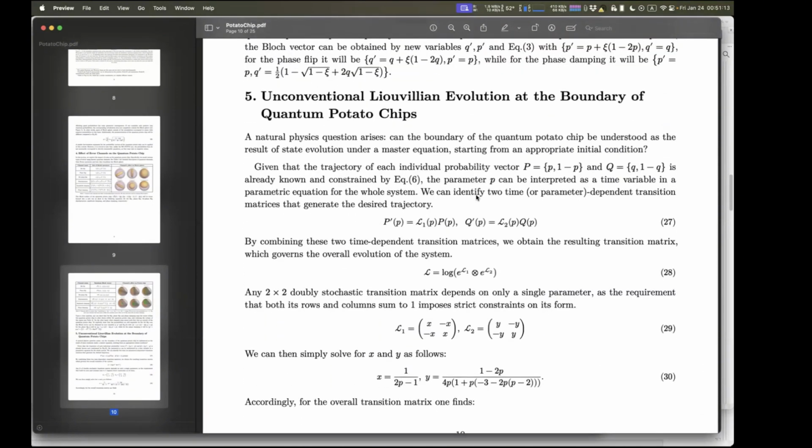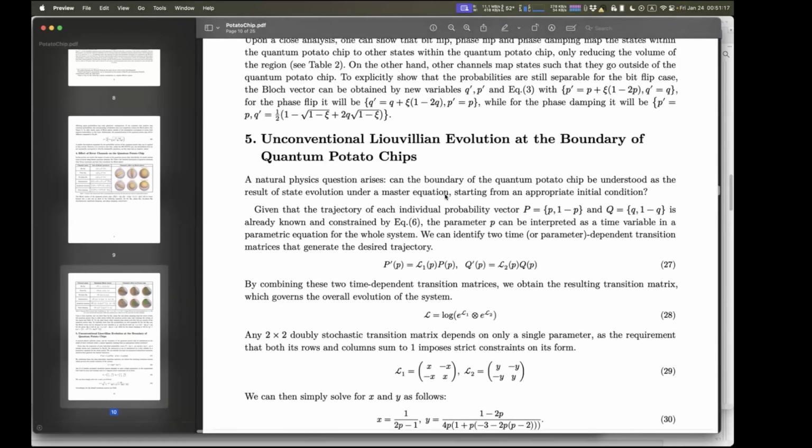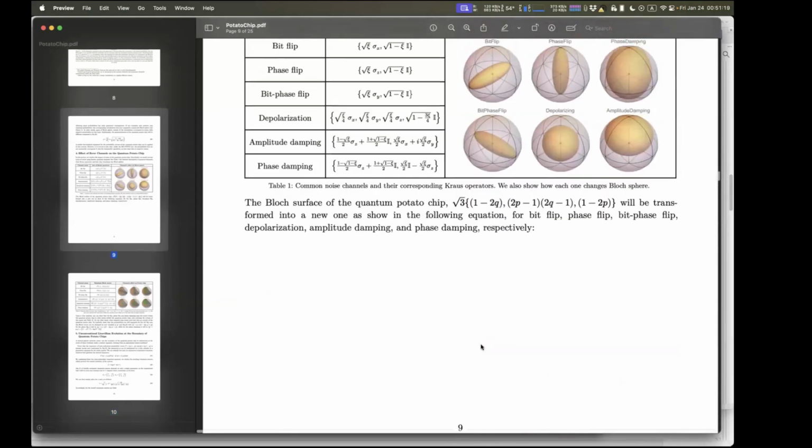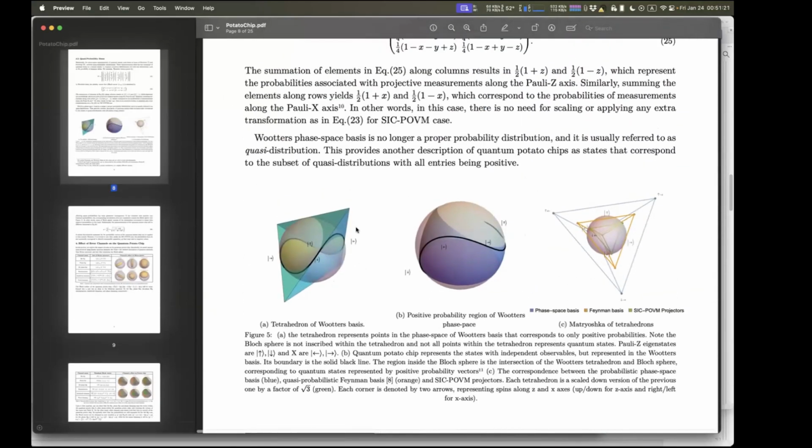You can ask about some dynamical evolution of this shape. We can simply ask, okay, if the boundary of a chip is just some line, some trajectory along the Bloch sphere, which is exactly what happens when you, for example, evolve a quantum state by some unitary evolution or some arbitrary Hamiltonian. Usually it's some trajectory on the Bloch sphere. If it's unitary, then it's some circle.